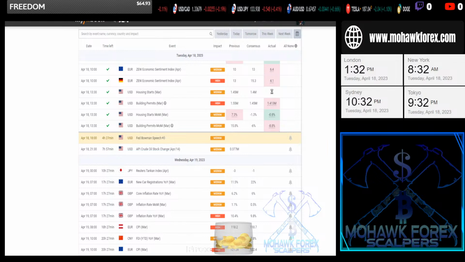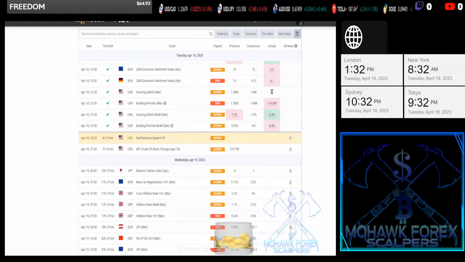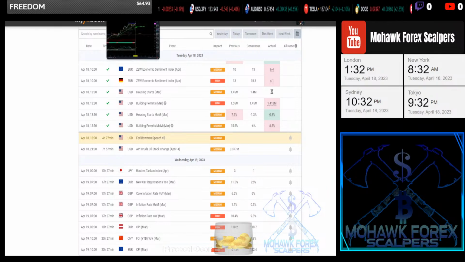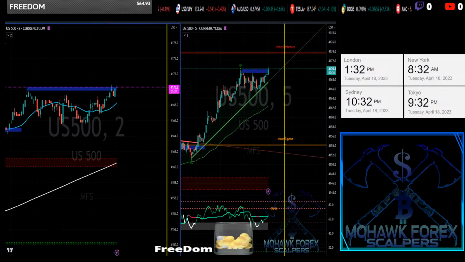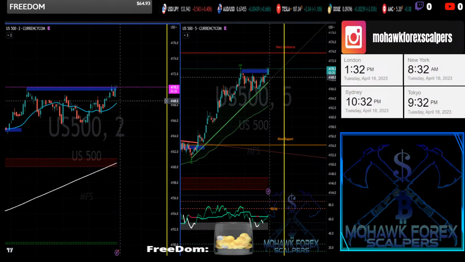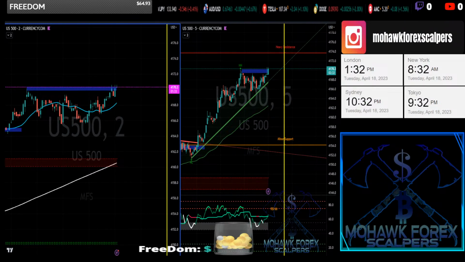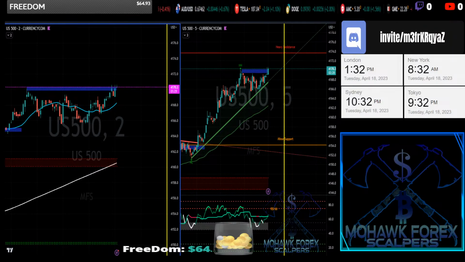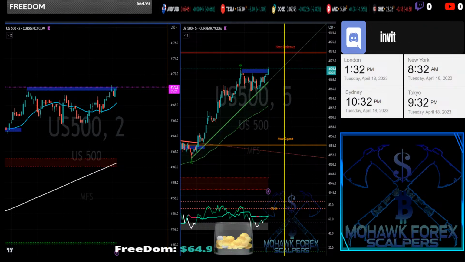Housing completions were down 0.6%. Let's see if this is now going to hold up as a support zone. It's going to push up. Starts to fall. Just waiting to see, and then we'll load in some buys.